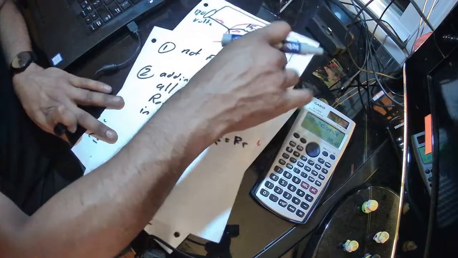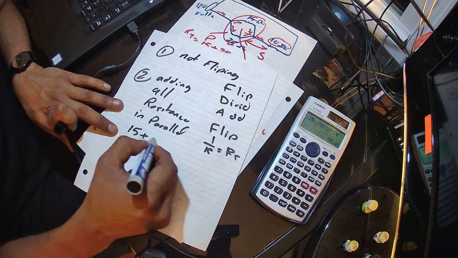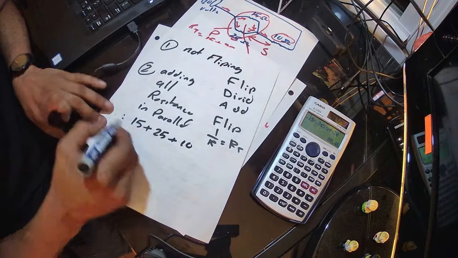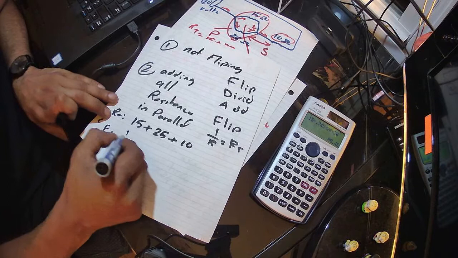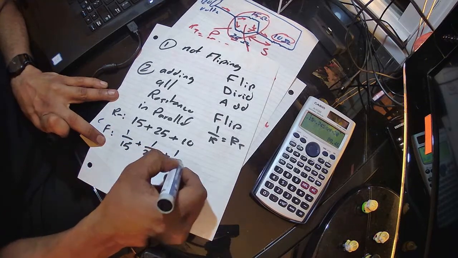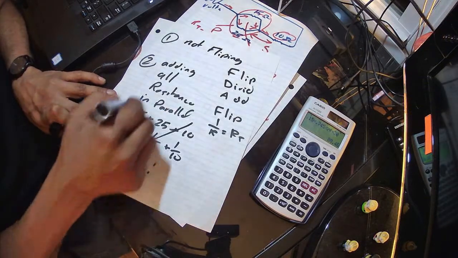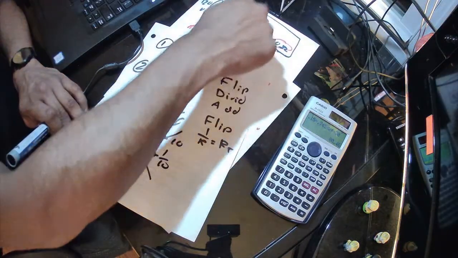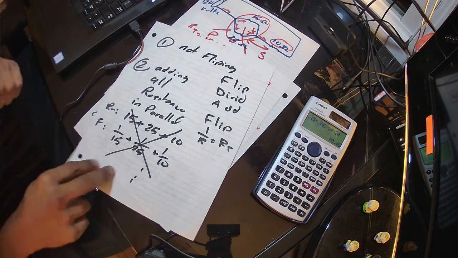So they will go here and do 15 plus 25 plus 10, then flip: 1 over 15 plus 1 over 25 plus 1 over 10, and they carry on and they get a different answer. And this is wrong because this 10 is in series with those two, not in parallel. So that's the second most common mistake.